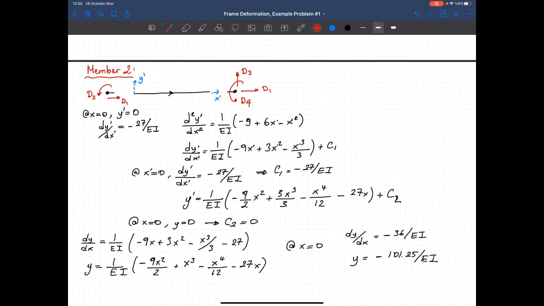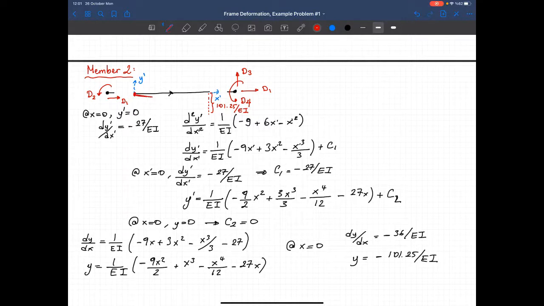So the translation here, I will not show the translation in the x prime direction. The vertical translation at the beginning is equal to 0, and it moved in the downward direction, and the magnitude is 101.25 divided by EI. Now at the beginning, we have a rotation, a clockwise rotation. Let's show it this way.